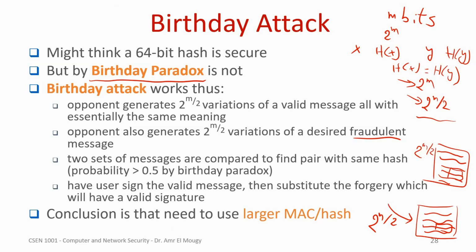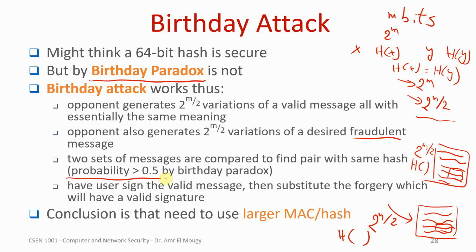So you generate 2 power m over 2 variations of the original message and 2 power m over 2 variations of the fraudulent message. You take the hash of the variations of the original message and you take the hash of the variations of the fraudulent message.